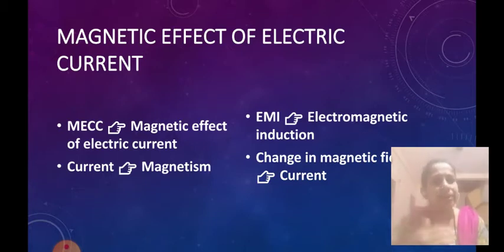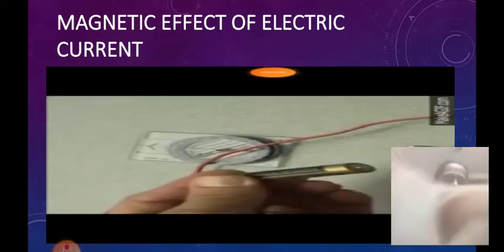Otherwise it will not. So only when the magnet is brought near the magnetic needle, it will start deflecting. Now let us see whether the current is producing magnetism or not, with a small experiment here.